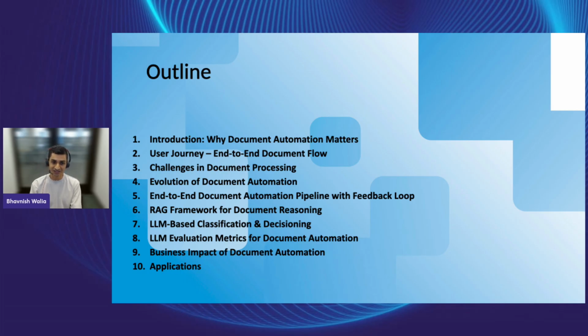How does the end-to-end documentation flow look like? And third, we talk about what are the challenges of processing these documents and how it has evolved over a period of time from 2010 to 2025, what different techniques have been utilized, and what is the way forward from 2025 onwards. The fifth topic is about automation pipeline with the feedback loop.